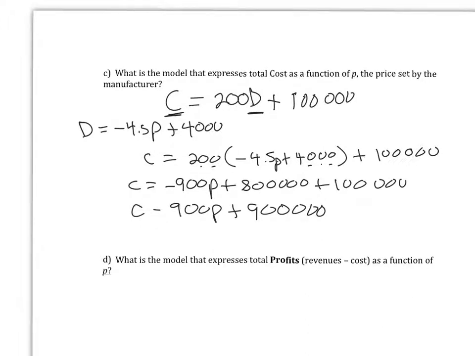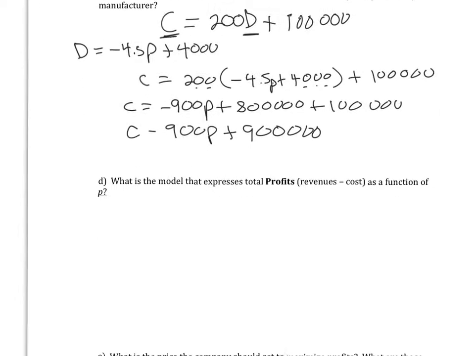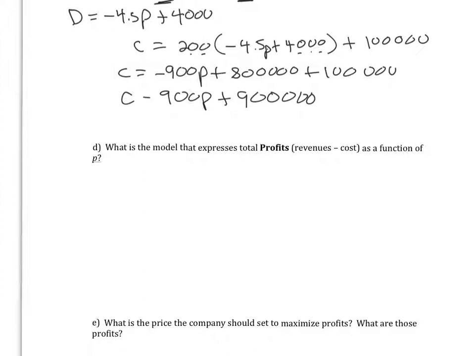Okay, so now we have to figure out the expression that gives us our total profits. Well, we know that as a general rule it's our revenues, the amount that we earn from selling the boots, minus C, which is our costs from selling the boots. So as we see, our cost is equal to negative 900p plus 900,000.